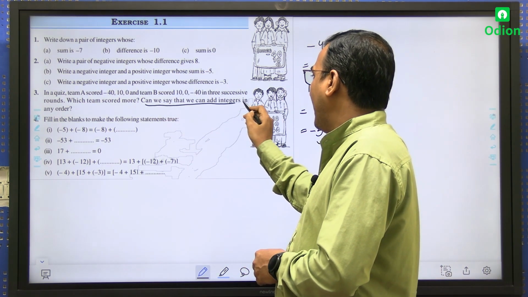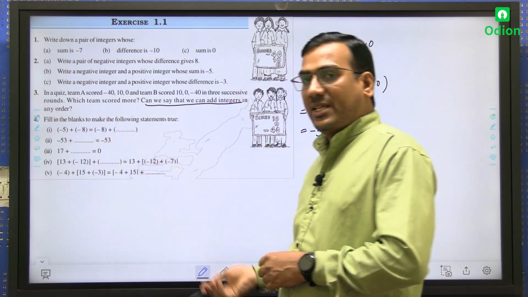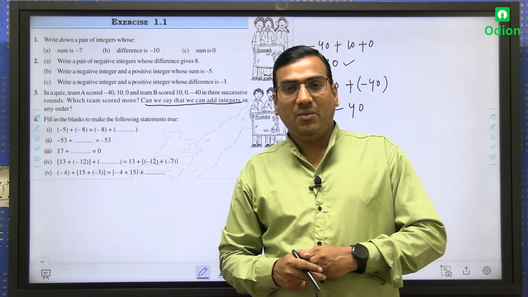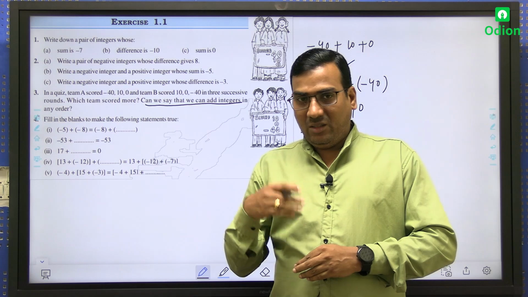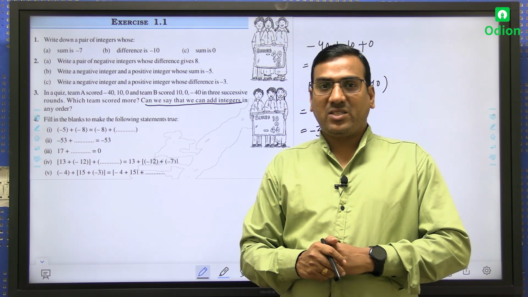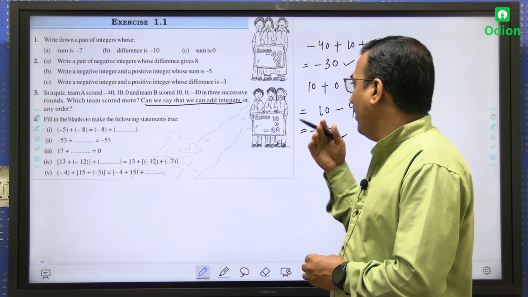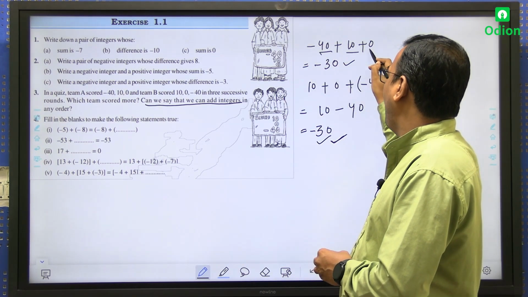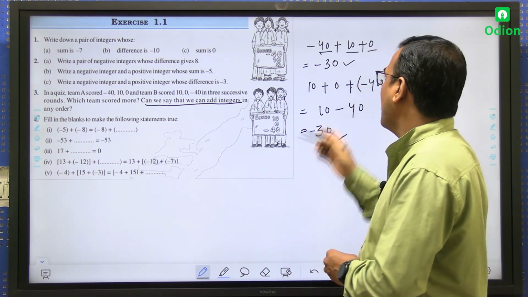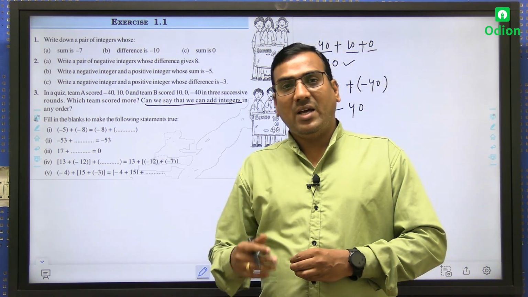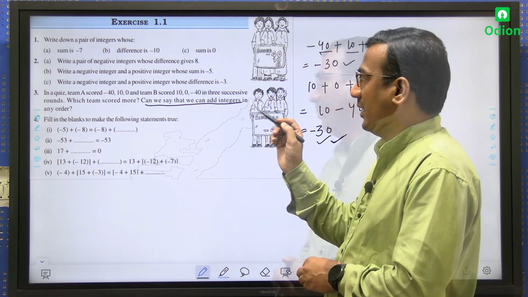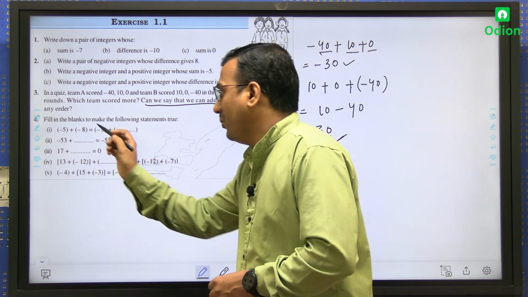Can we say that we can add integers in any order? Yes. As we discussed in the previous class, addition follows the commutative property. If we add 40 plus 10 plus 0, whatever the answer comes, if we interchange the numbers, the answer will be the same. Okay, then go for question number 4.